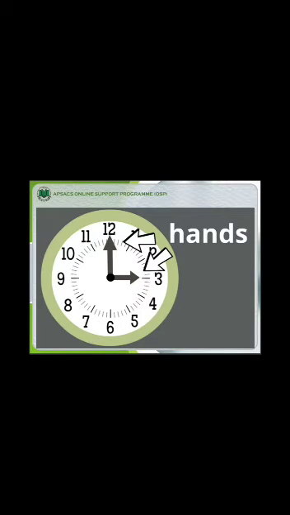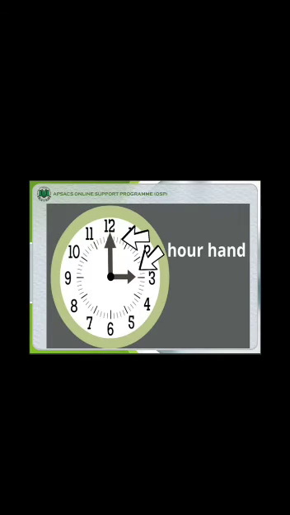Dear students, have you ever seen a clock like this before? This type of clock is called an analog clock. Today we are going to learn how to read an analog clock. The front is called the face of the clock, and a clock has two hands. The shorter hand is the hour hand.